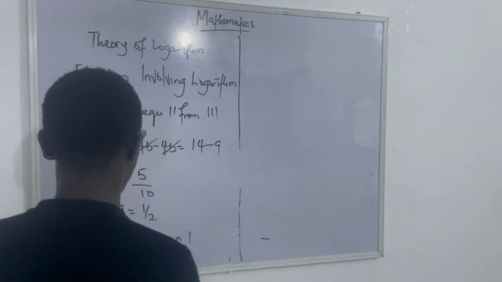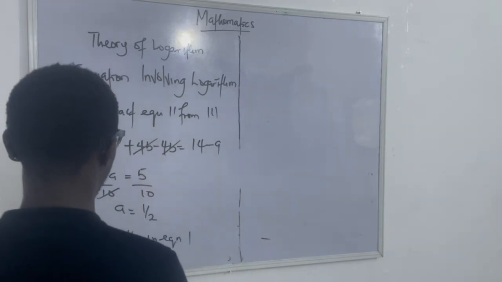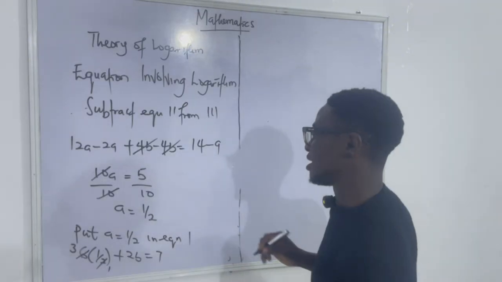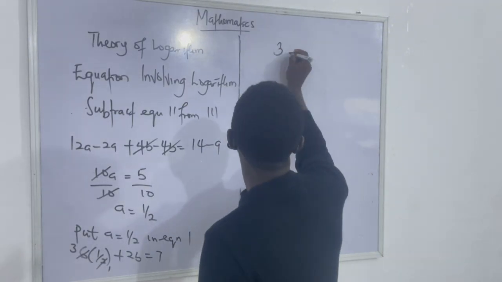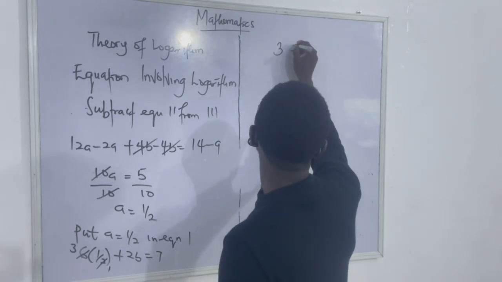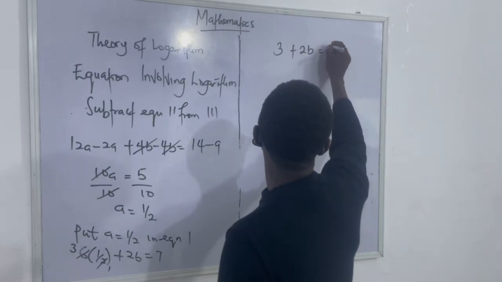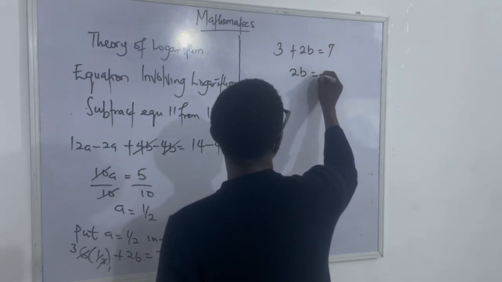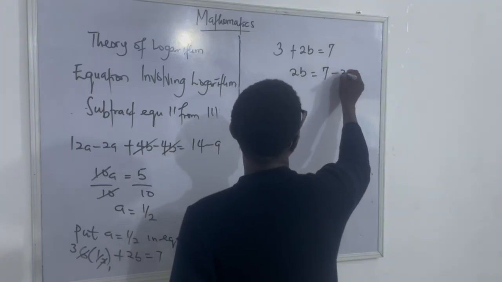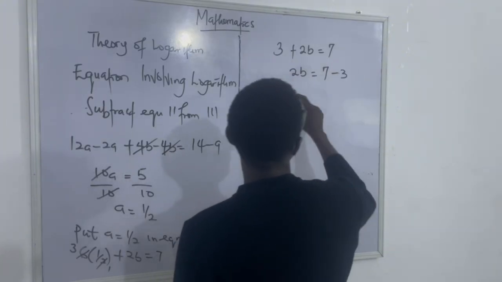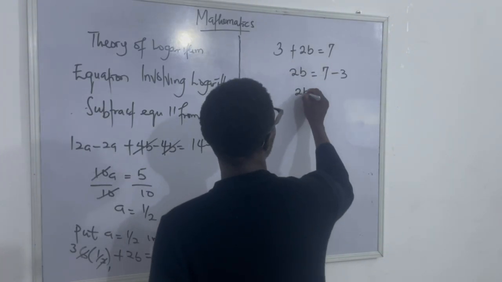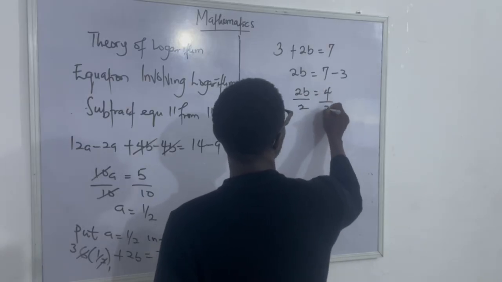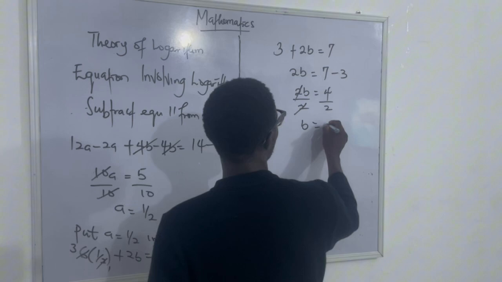Then we say 3 plus 2b equals 7. Let's collect like terms. 2b equals 7 minus 3, because if 3 crosses over, it becomes minus. So 2b equals 4. So divide both sides by 2. So b equals 2.